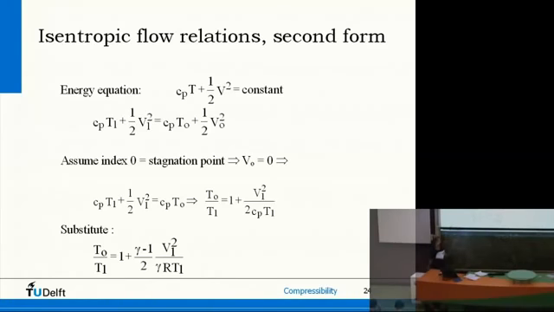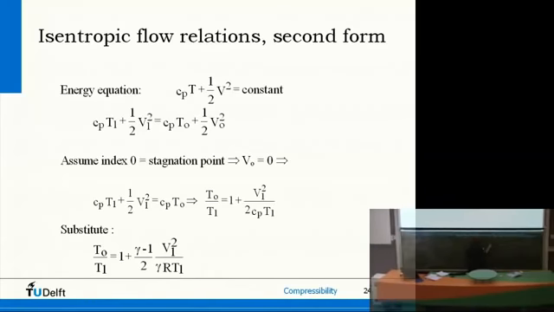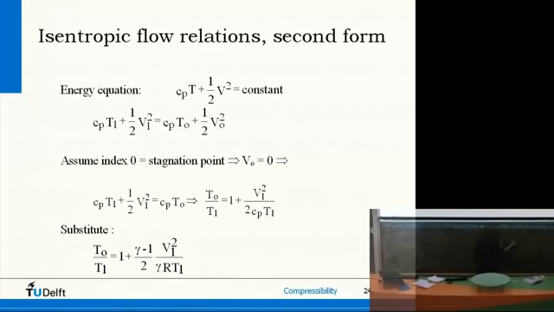Enthalpy is internal energy per unit mass plus pressure times specific volume. H was CPT. E was CVT. P times specific volume, pressure over density, that's from the equation of state, RT. Temperature drops out.